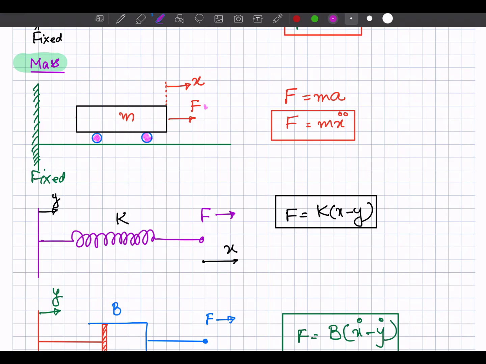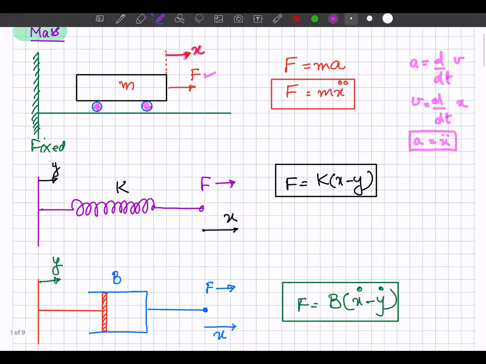So if we apply the force F, this whole mass will get displaced, and let's suppose that the displacement is X. So the force that is acting on that mass will be given by this expression, F is equal to ma, where this a is the acceleration and that is equal to the derivative of the velocity, and the velocity is the derivative of the displacement. So we can write that a is the double derivative of the displacement.